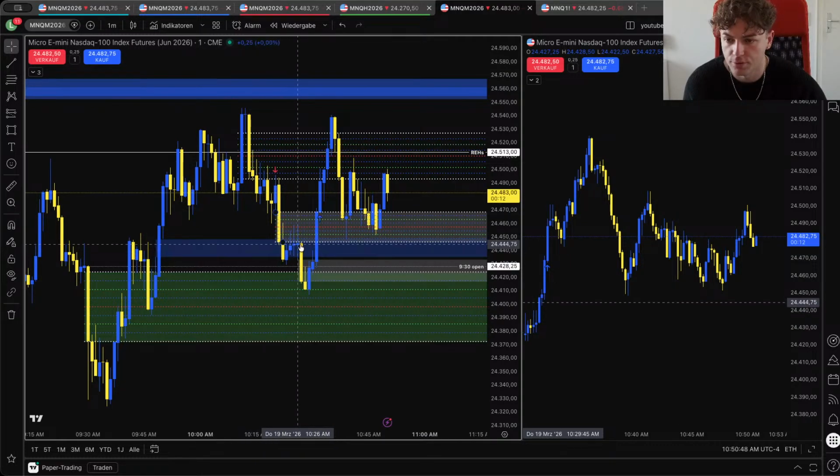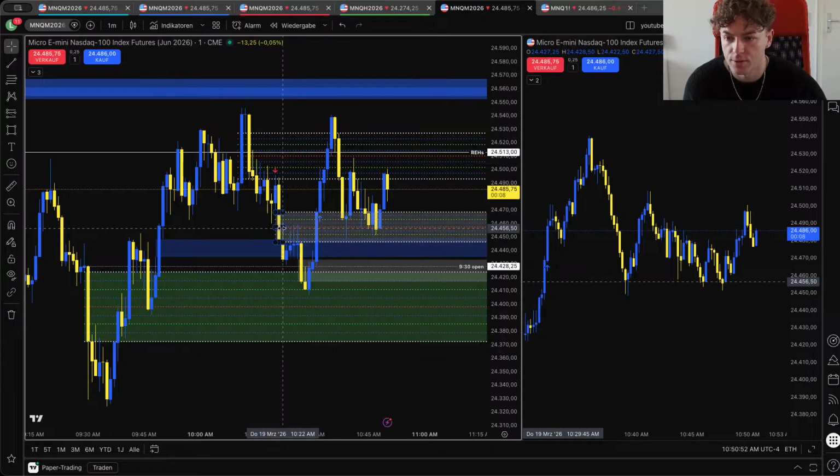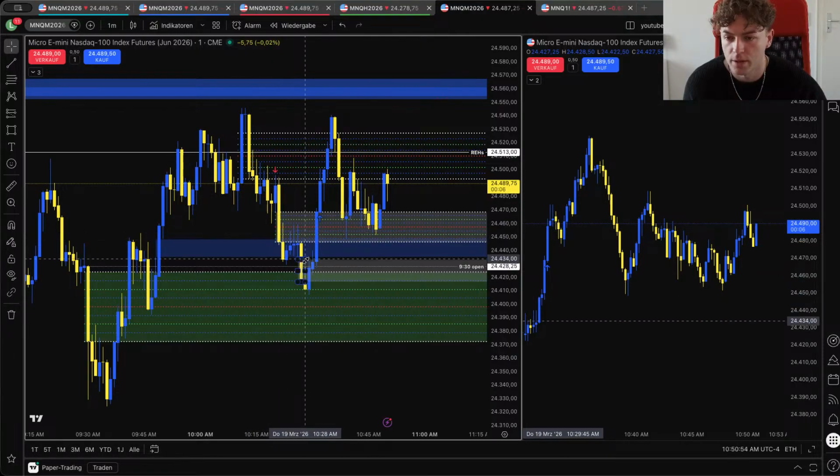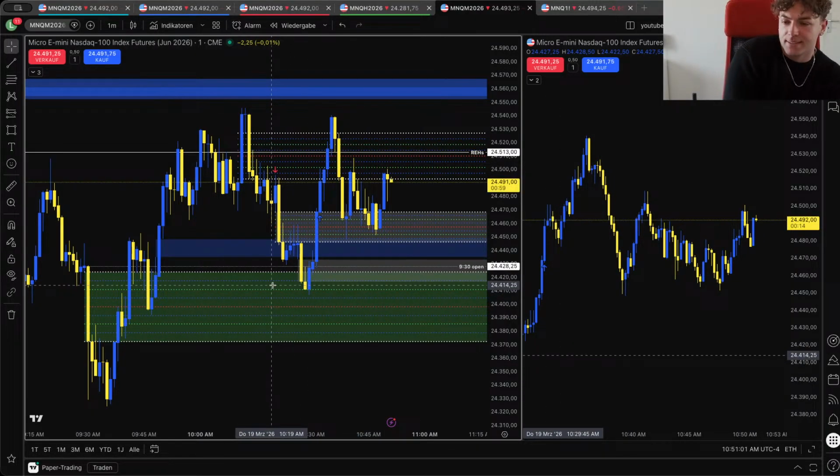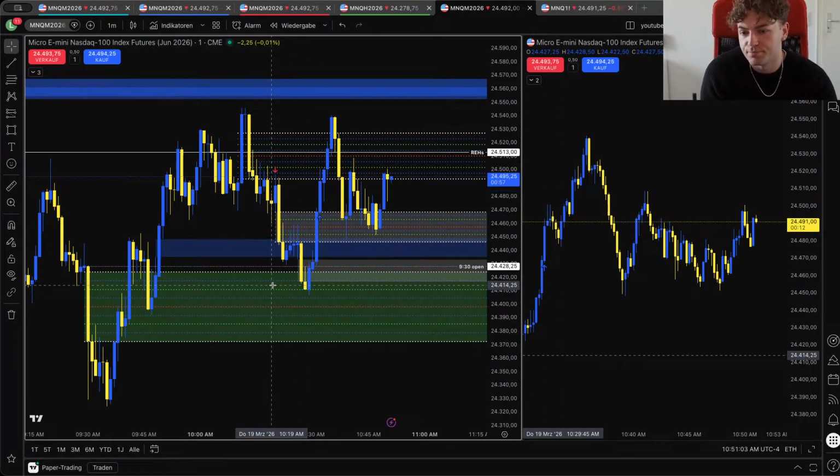This really looked beautiful. Look where the bodies closed, wicked up higher into midpoint, went lower. Yes, sir.